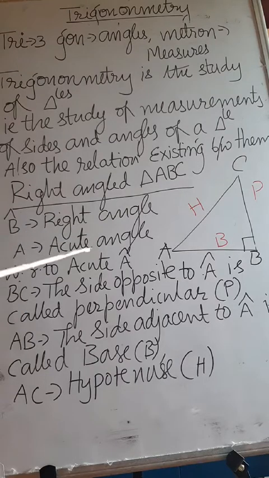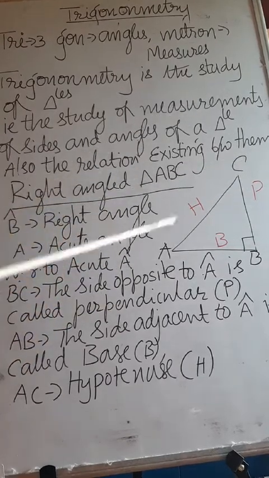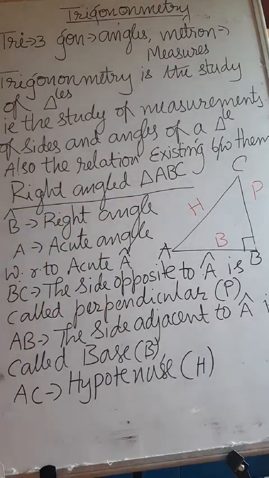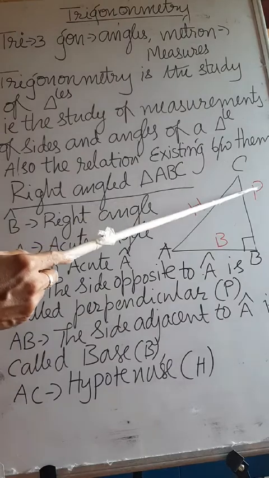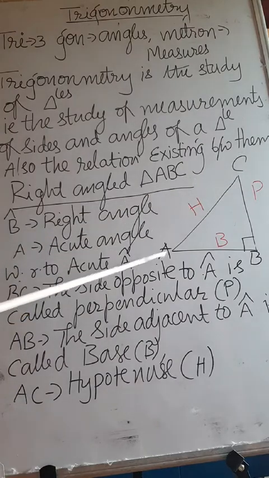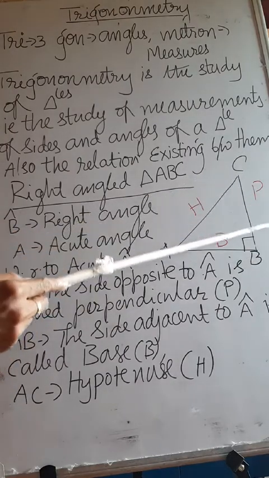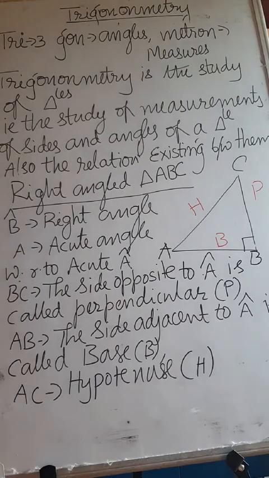With respect to acute angle A, BC is the opposite side to this acute angle, isn't it? Therefore, the side which is opposite to this angle is called the perpendicular.